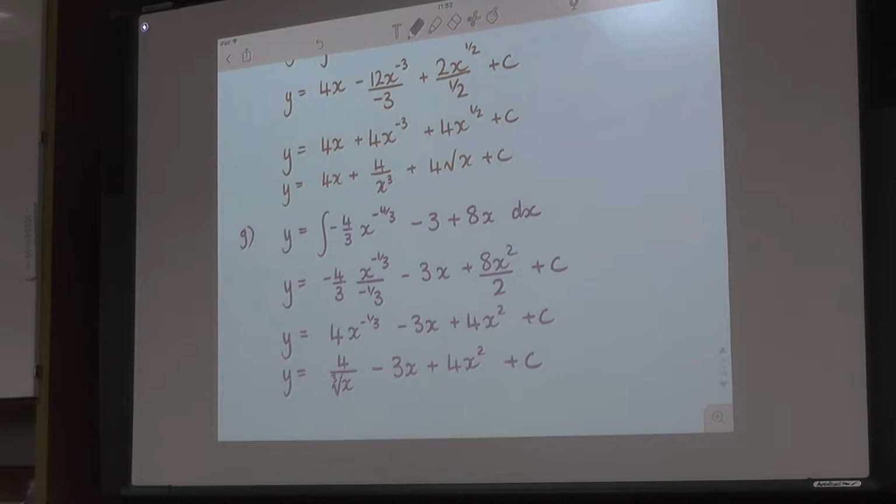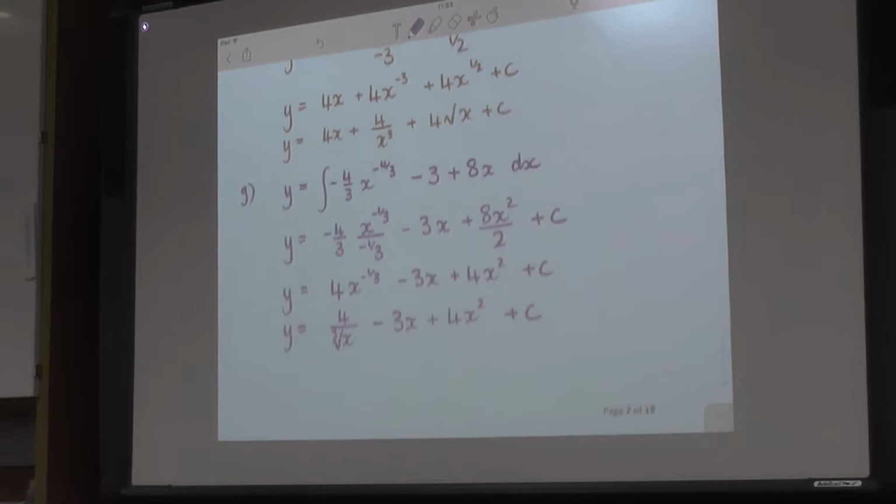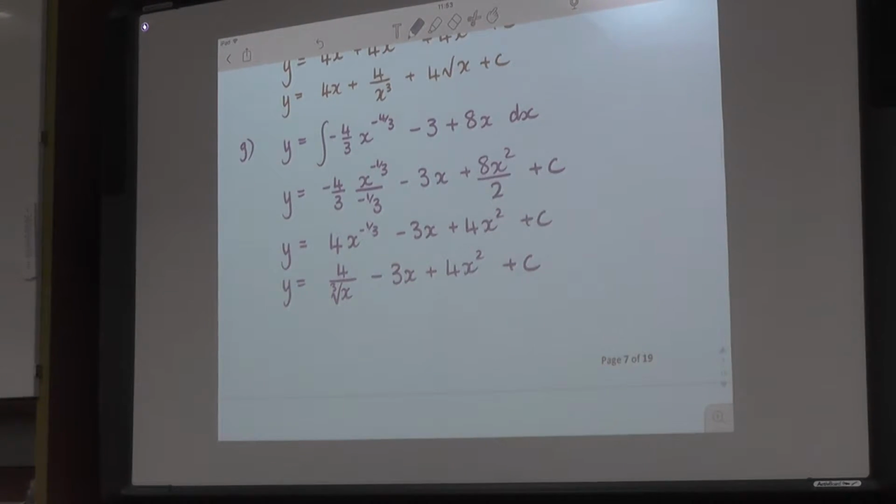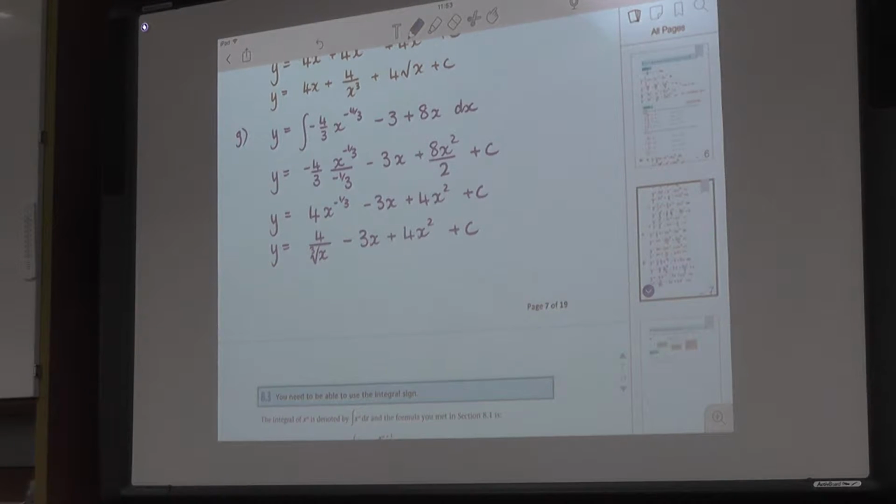Yeah. Right, the only difference with question 2 is that instead of finding y from dy by dx, you're finding f of x from f dash of x. That's the only difference, but we're doing exactly the same thing. So let me add another page in there.